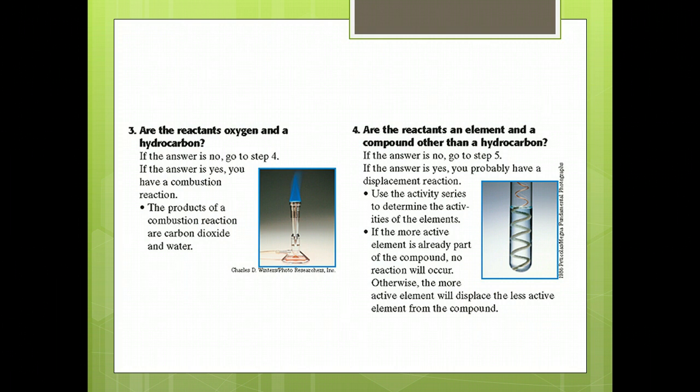You would use the activity series, which I have later in this PowerPoint, to determine the activities of the elements. If the more active element is already a part of the compound, no reaction will occur. Otherwise, the more reactive element will displace the less active element to form the new compound. And we'll go through several examples so that you're sure on how that works.